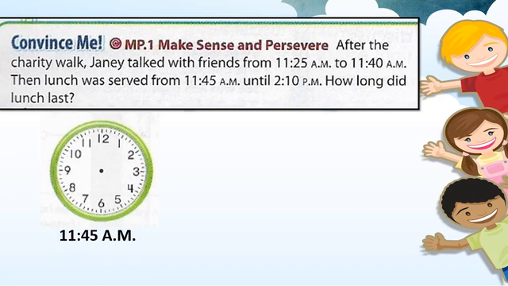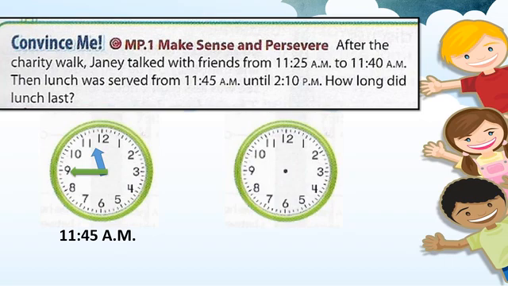We will show the 11:45, this is 11:45 a.m. And there's another clock face that will show the 2:10 p.m. Now we are going to find how many hours and minutes the time elapsed.